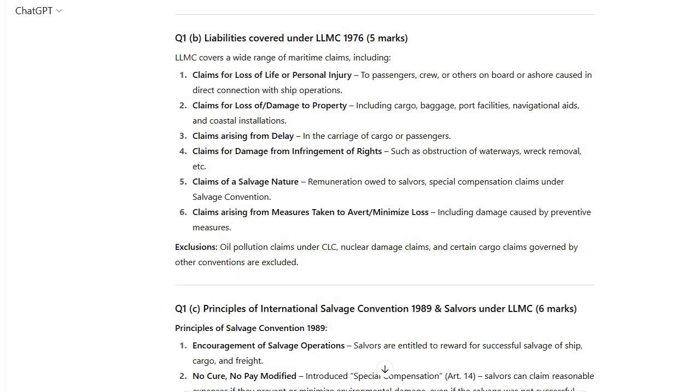Claims for damage from infringement of rights such as obstruction of waterways, wreck removal, etc. Claims of salvage nature, remuneration owed to salvor, special compensation claims under the Salvage Convention. Claims arising from measures taken to avert or minimize losses, including damage caused by preventive measures. Exclusions: oil pollution claims under CLC, nuclear damage claims, and certain cargo claims governed by other conventions are excluded.